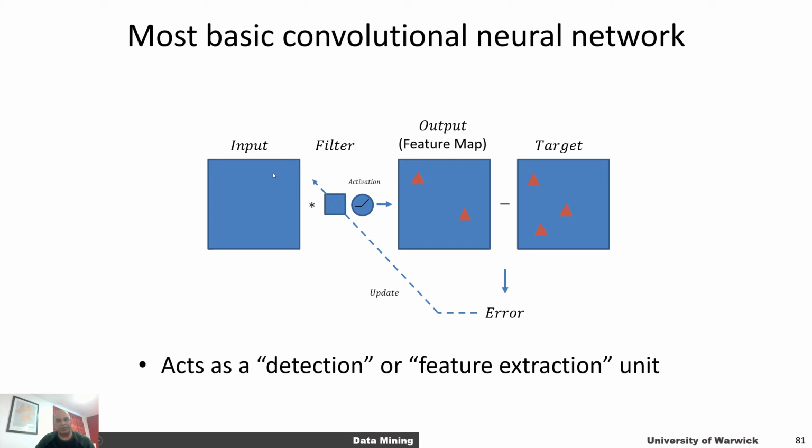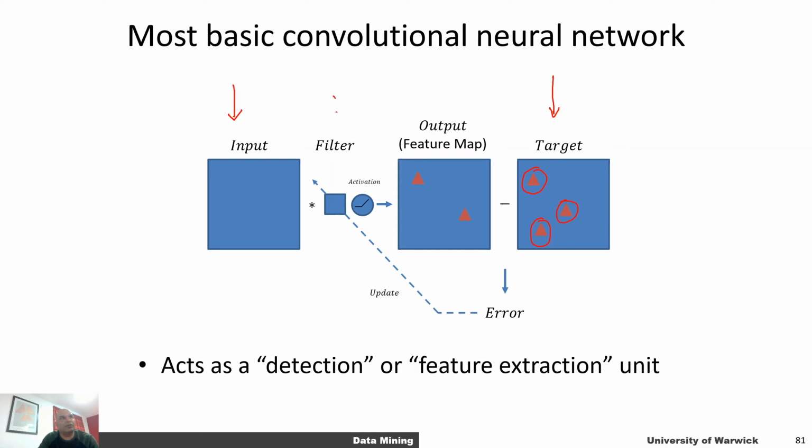We had an input image and we had a corresponding target in our training set. So let me use my pen over here. Let's say we had an input image over here, and for the corresponding input image, we had a corresponding target in which we knew the locations of the objects of interest, which are indicated by these triangles over here.